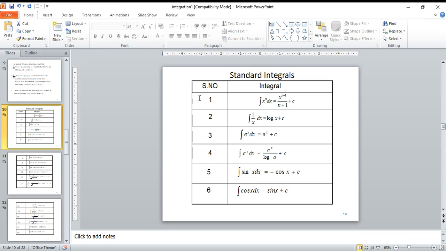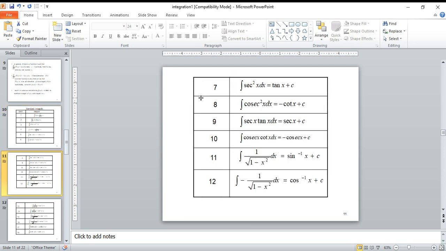Sixth formula, just see it in reverse, right to left. The derivative of sin x is cos x, so integration of cos x dx equals sin x plus c. So integration is the reverse process of derivative. Remembering is very easy because we know derivatives and their formulas well.